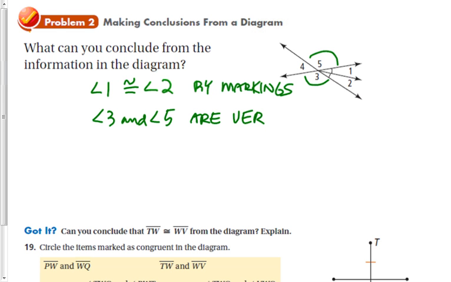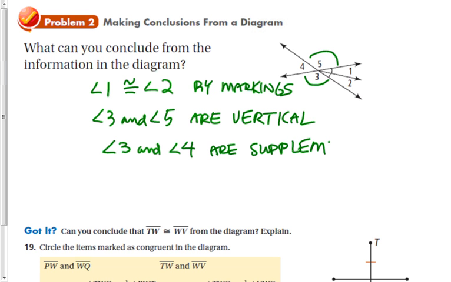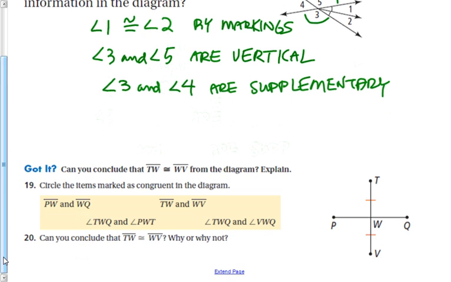We can conclude something like, and I'm just going to give one example, angle 3 and angle 4 make a linear pair, so they're supplementary. They're going to add up to 180 because they create a straight line. All right, I'm going to let you try that.